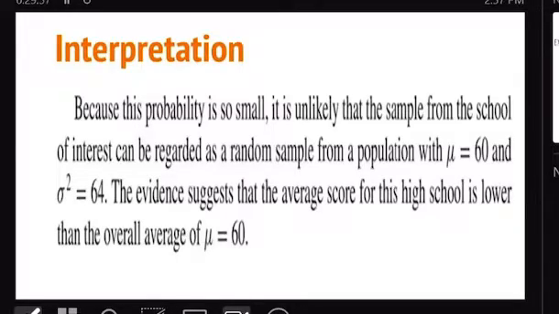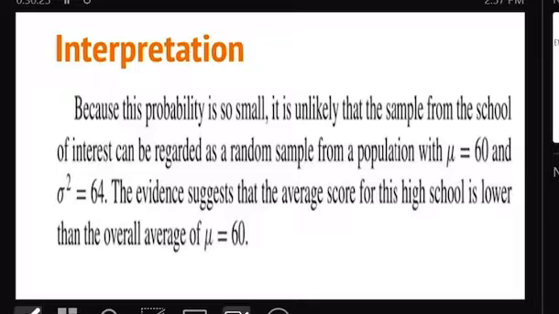We can use this when you want to compare the performance of a school to the national. We live in a world where we always want to compare. Because if you really want to stay relevant in this world, you need to compare yourself with the standard. You want to be better than the standard, right? That is it. Any question on this?